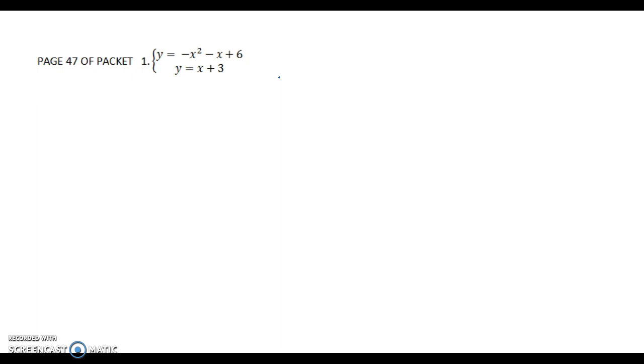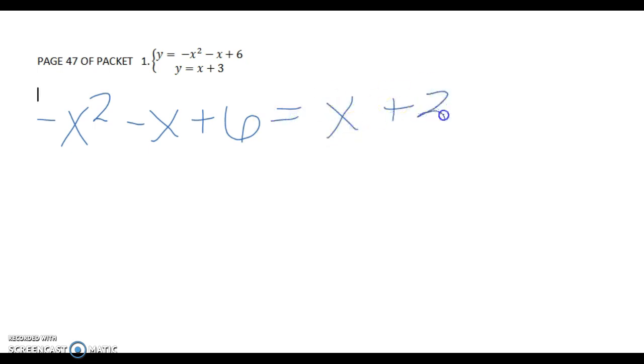Although it might look a little bit trickier, you will follow the same process that we'll talk about in this video. So the very first step to these problems is to take your two equations and set them equal to each other. So I will have negative x squared minus x plus 6 equals x plus 3. Now from here, I want to move everything over to one side of the equal sign so that I can solve.